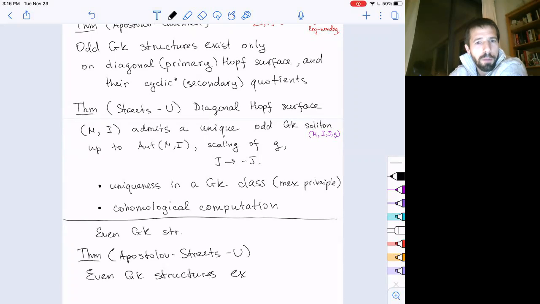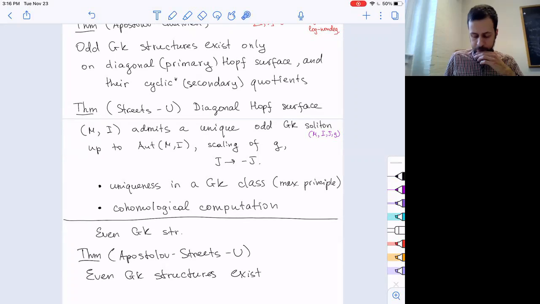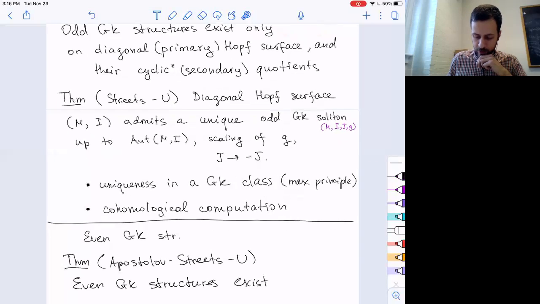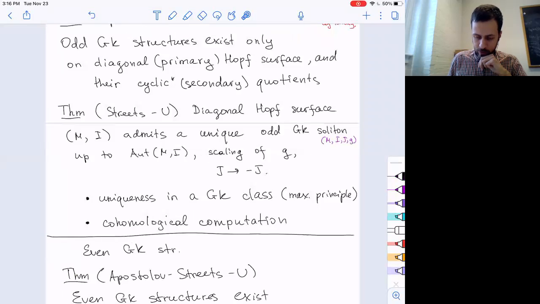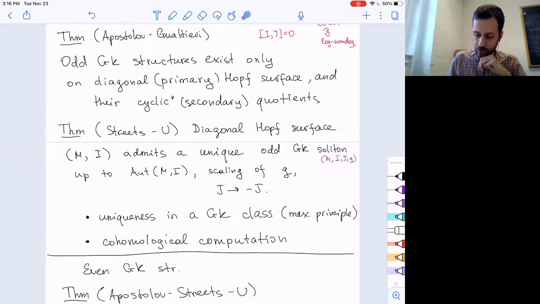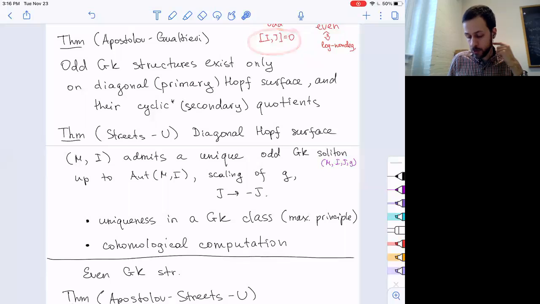Can you say again, what do you mean by this cohomological computation? So you can define, in the odd case, in the commuting case, a certain homology group associated to any generalized scalar structure.